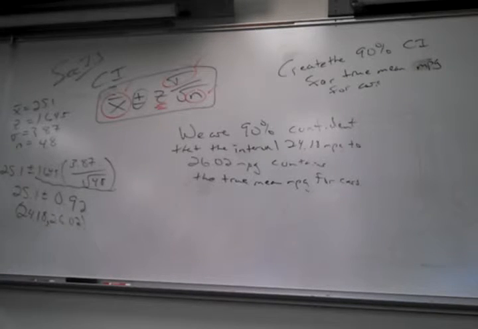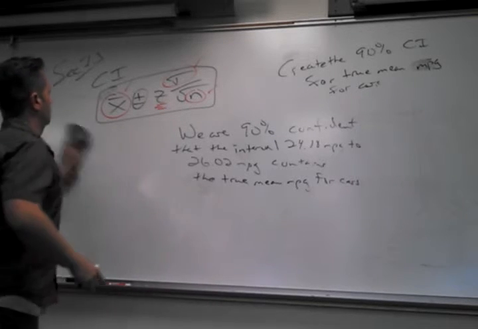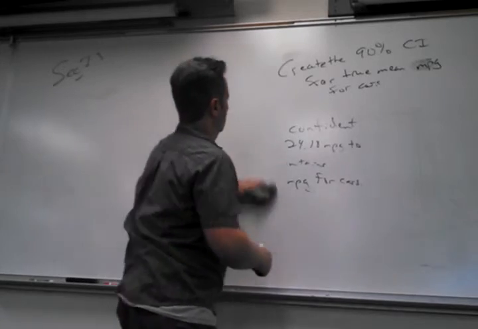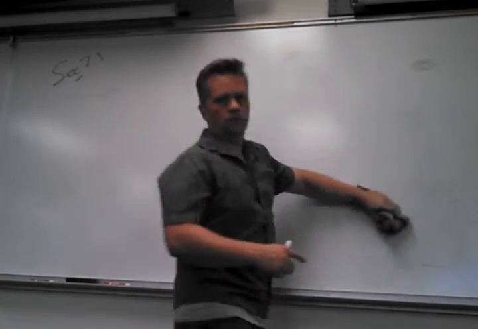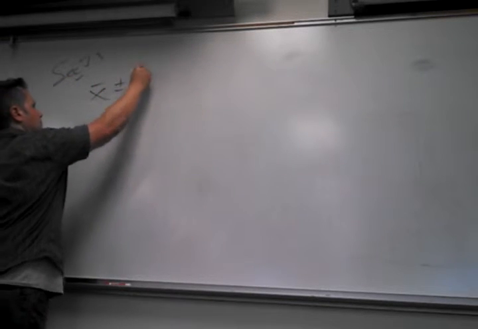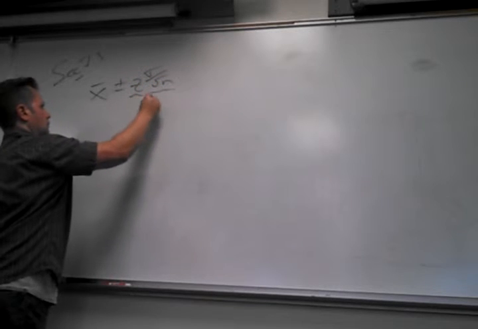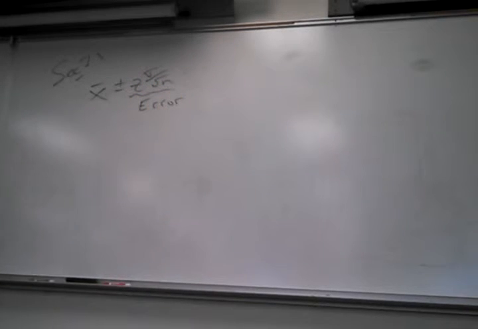Okay, so here's kind of like the next level, and then I've got a little handout for you guys to work on. Everybody got this here? Analyze this error for a second.